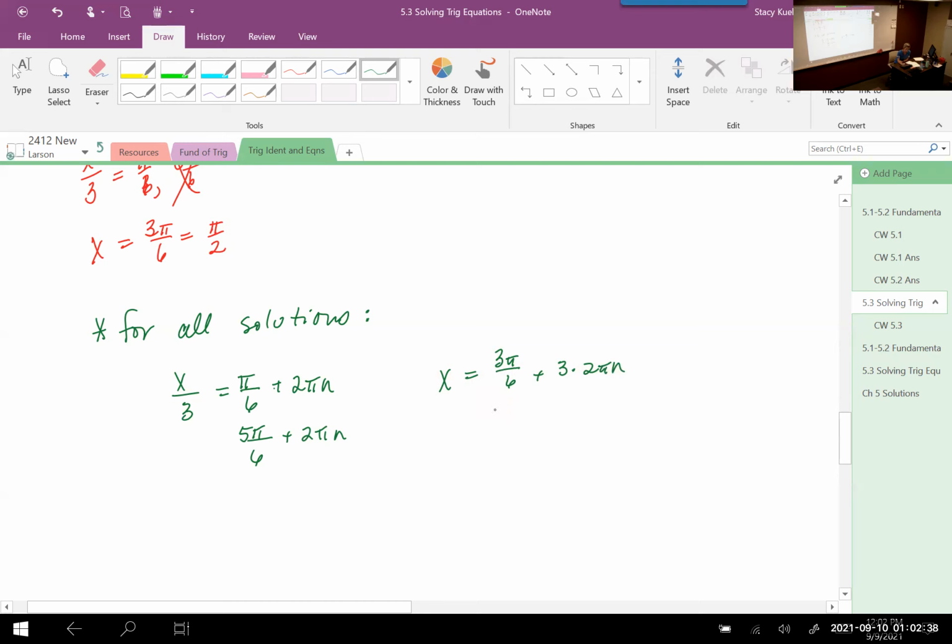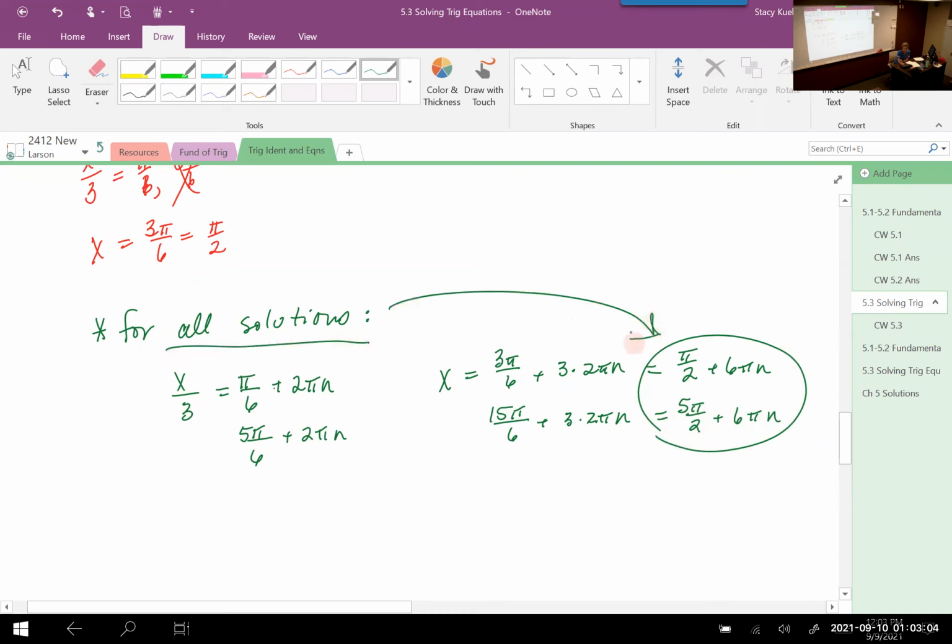Or 15 pi over 6 plus 3 times 2 pi n. In other words, when I simplify this, pi over 2 plus 6 pi n and 5 pi over 2 plus 6 pi n. This is for all solutions.